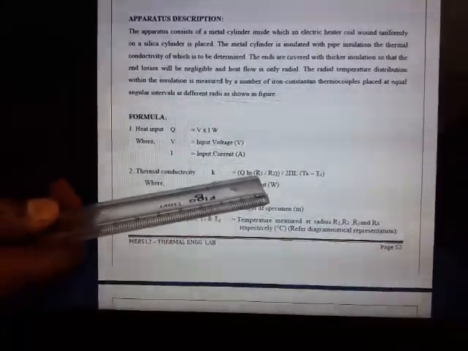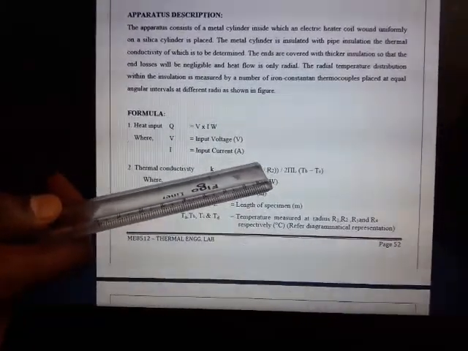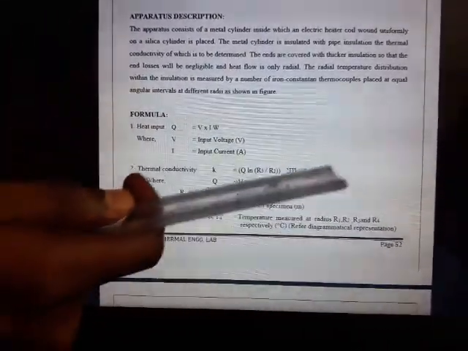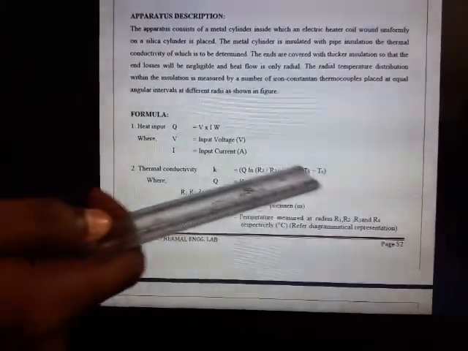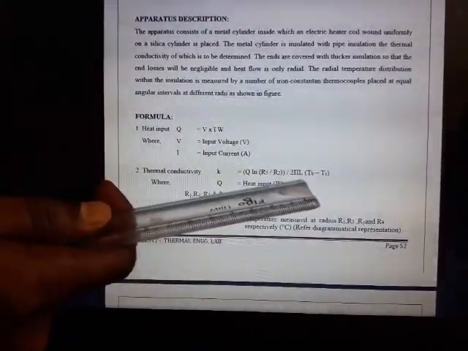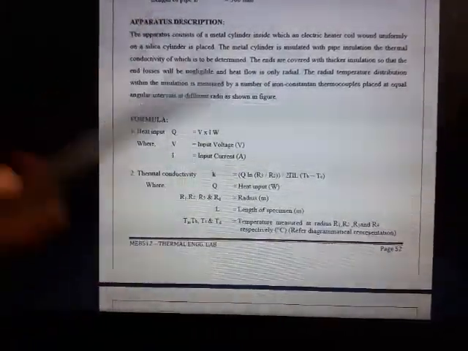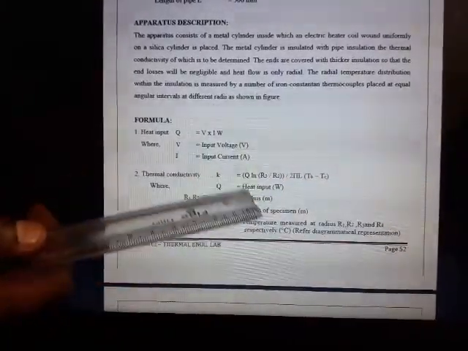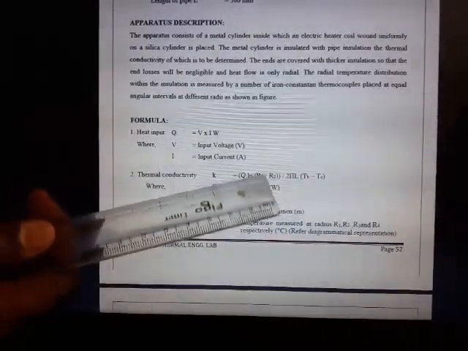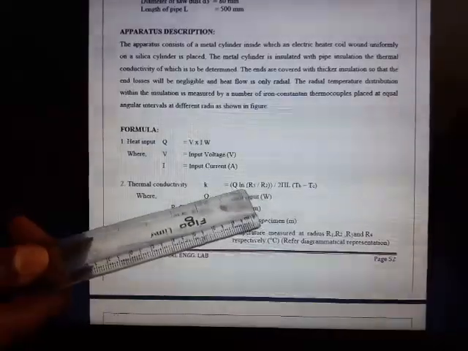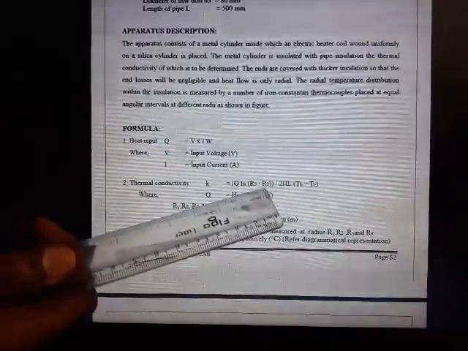We have to take the R3 and R2 values correctly, as the dimensions are mentioned in the experimental setup. In this way you can substitute all the values: the radii R2 and R3, the heat flow, L, the length of the specimen, and TB and TC, the average temperatures. Then you can calculate the thermal conductivity for the asbestos or the sawdust. For sawdust we use R3 by R2, and for asbestos we use R2 by R1.